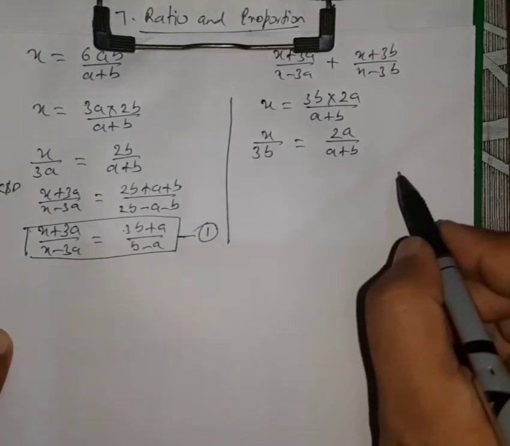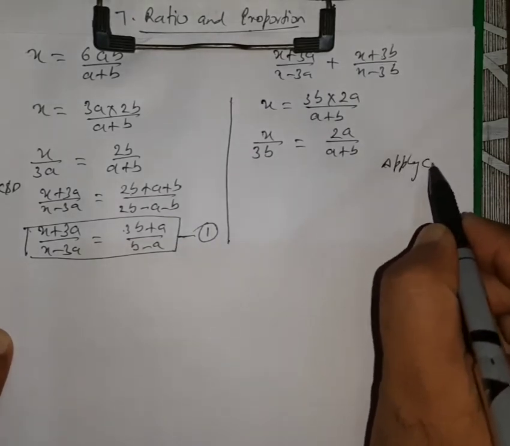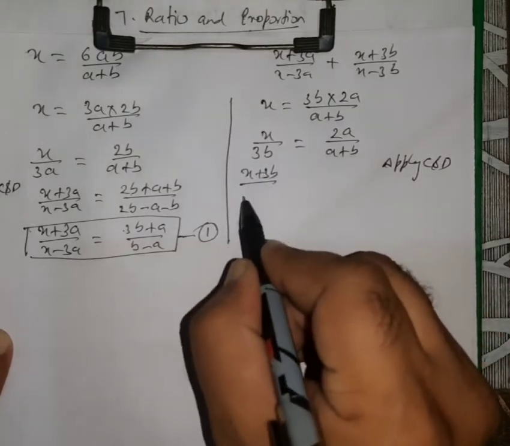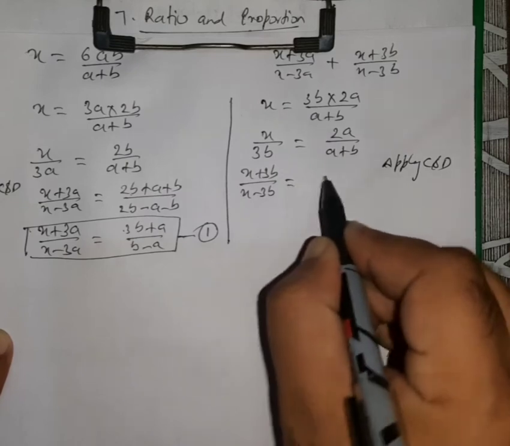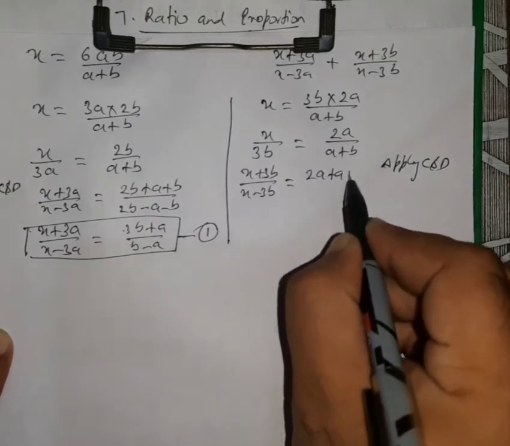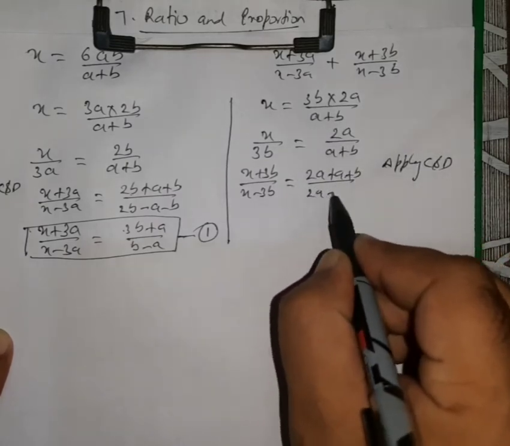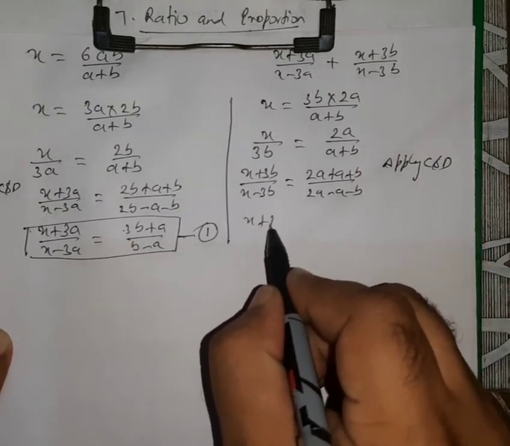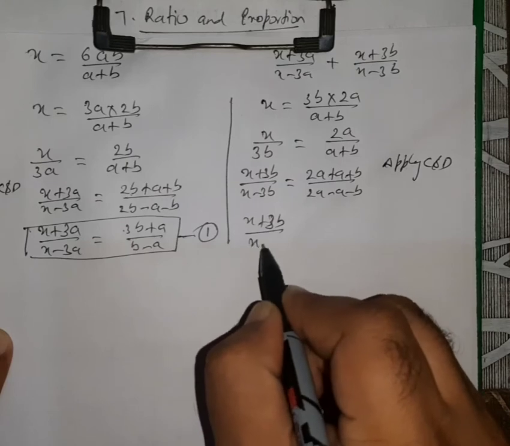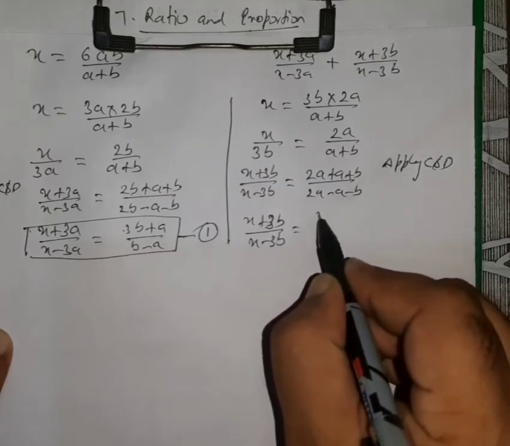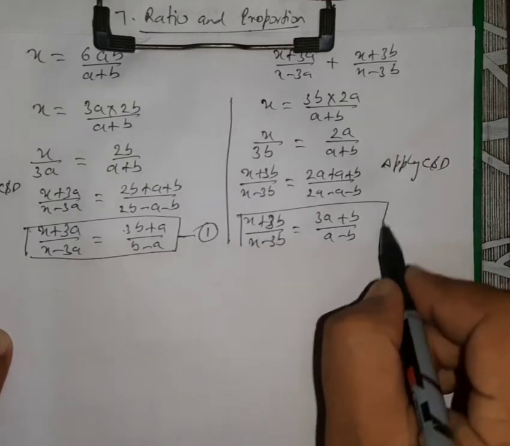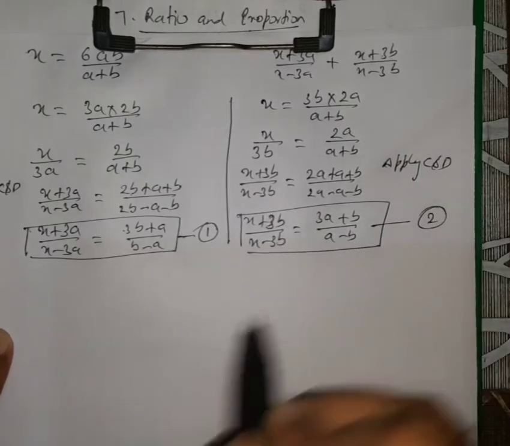Now I'm using C and D. So this will give me x plus 3b over x minus 3b, and on the right side we will get 2a plus a plus b over 2a minus a minus b. So this gives us x plus 3b over x minus 3b is equal to 3a plus b over a minus b. Now I'm naming it as equation number 2.